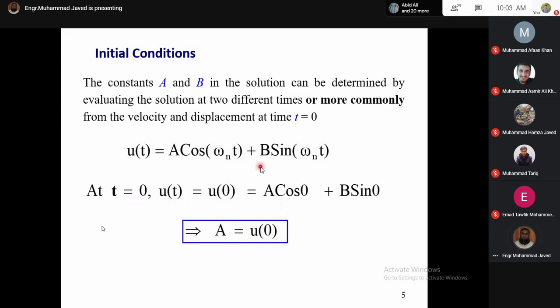So differentiate both sides with respect to t. For this equation, you will get u dot of t is equal to minus A omega n sin omega n t plus B omega n cos omega n t.